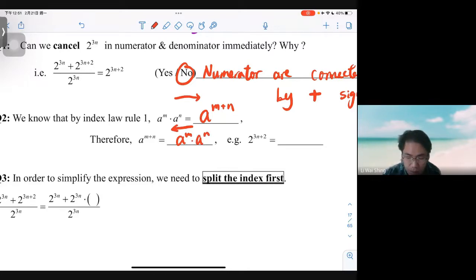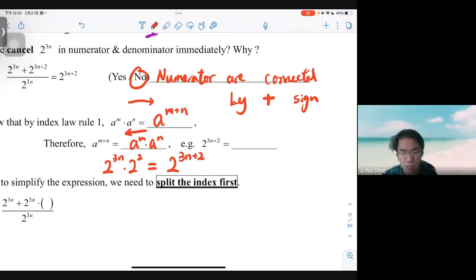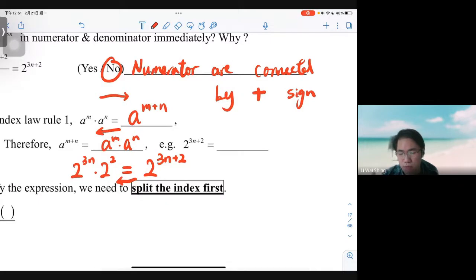Alright. For example, 2 to the power 3n times 2 to the power 2. You know that it equals to 2 to the power 3n plus 2. This time we are reading it from the right to the left. So 2 to the power 3n plus 2 equals to 2 to the power of what times 2 to the power of what?